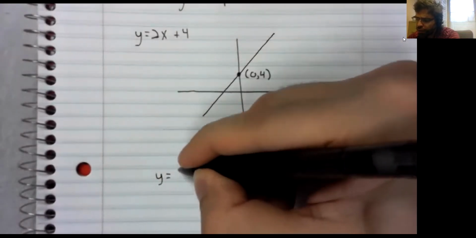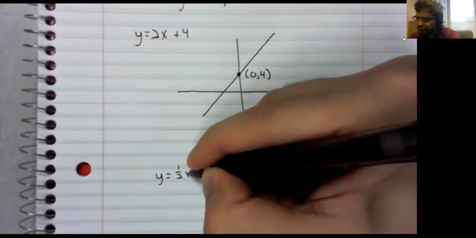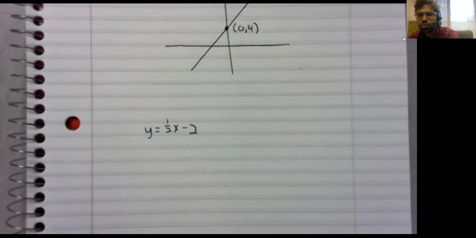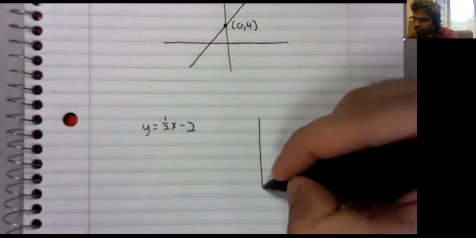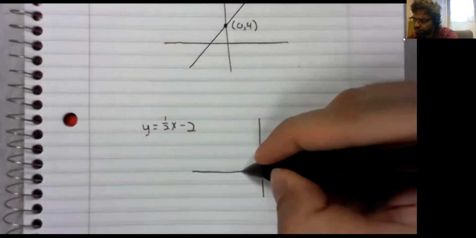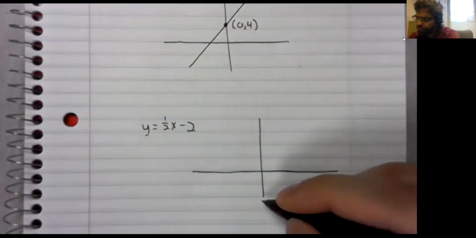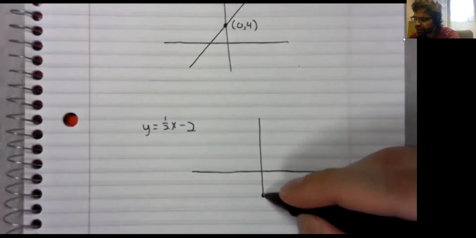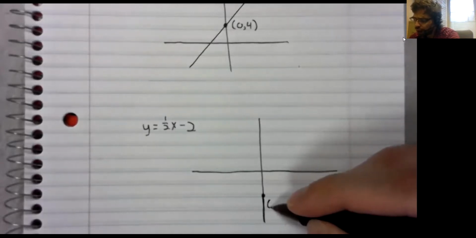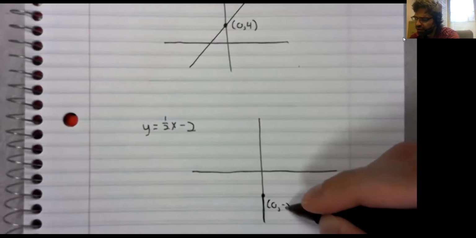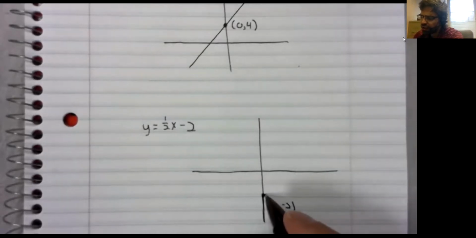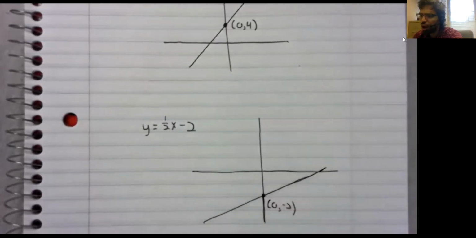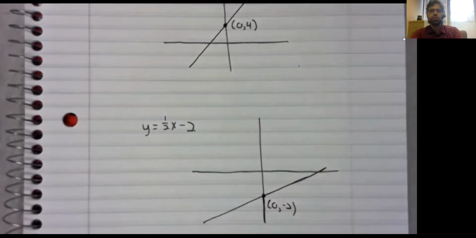y equals 1/2 x minus 2 will go through the y-axis at 0, negative 2.